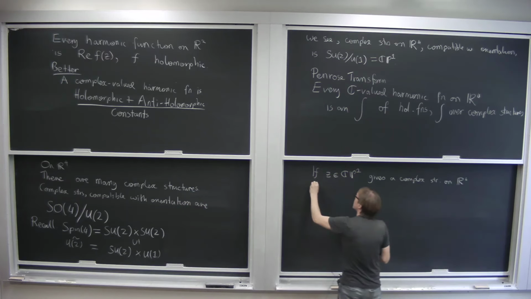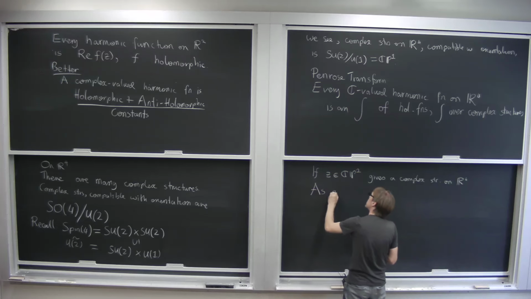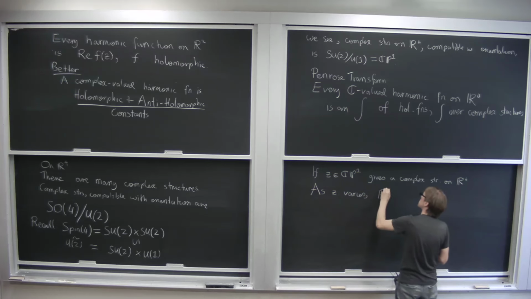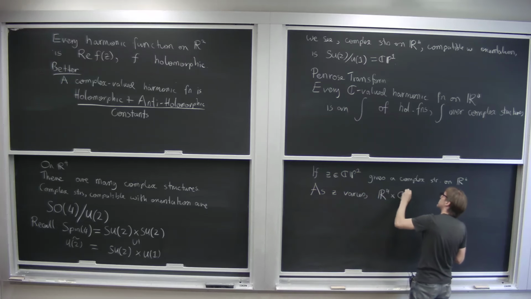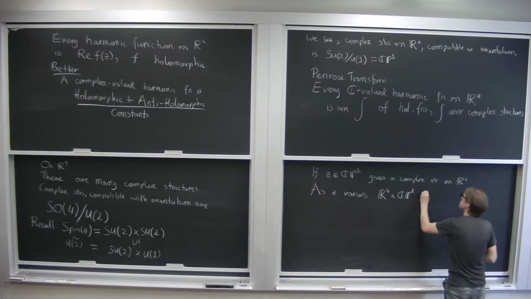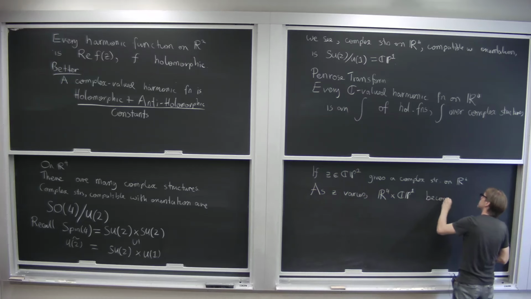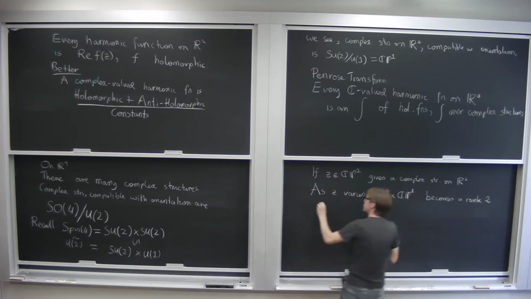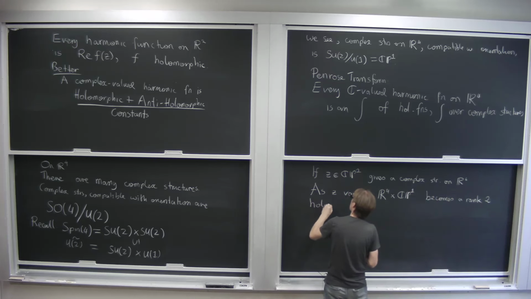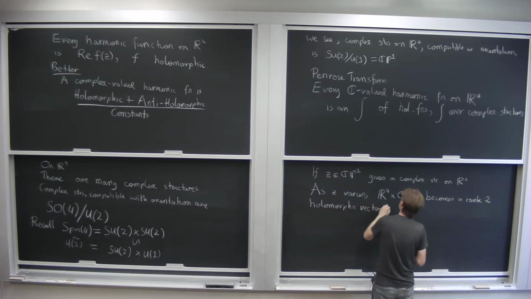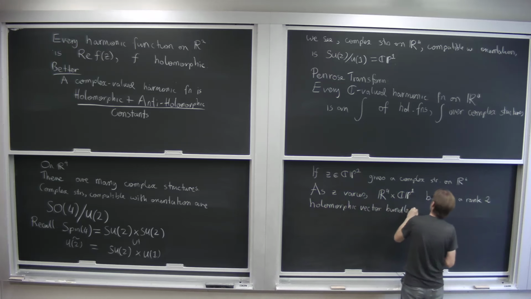So as Z varies, I just take the product, but I give this copy of R4 a complex structure which depends on where I am. This becomes a rank 2 holomorphic vector bundle on CP1.